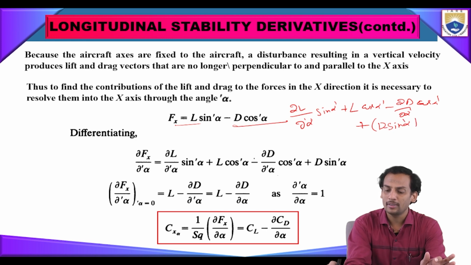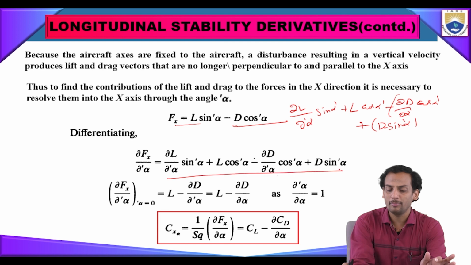If you multiply with the minus, it will be minus of minus, which will be plus. So the total equation will be dou L by dou alpha into sin alpha prime plus L cos alpha prime minus dou D by dou alpha prime cos alpha prime plus D sin alpha prime.